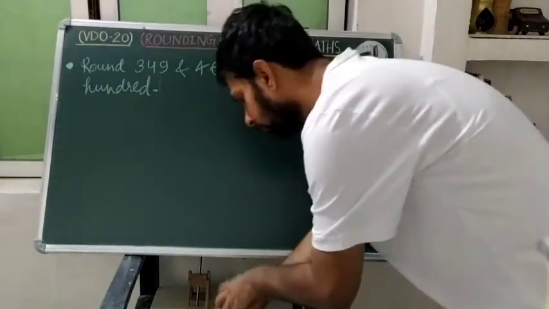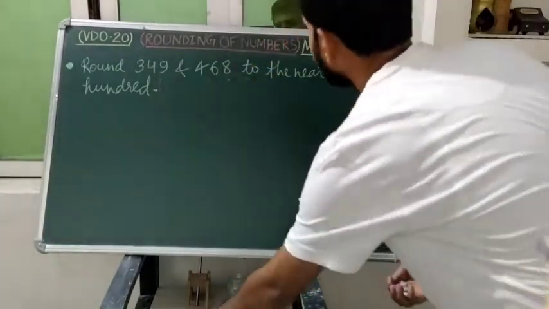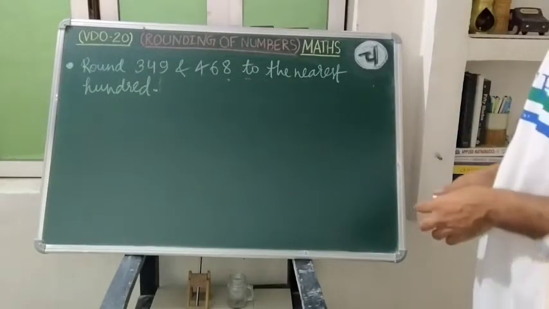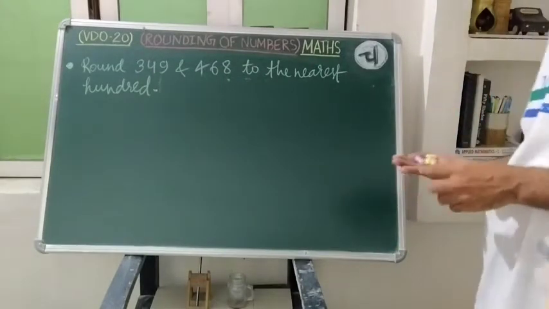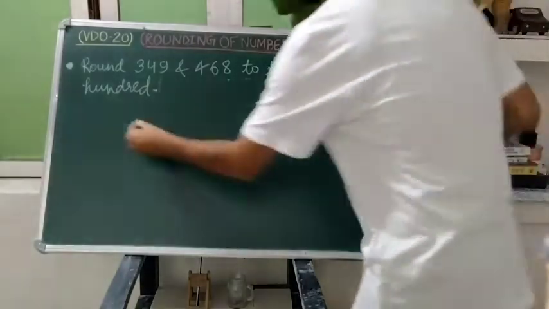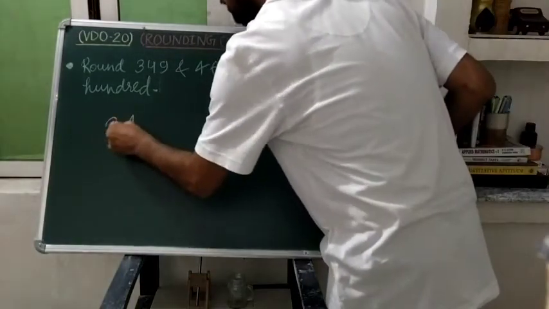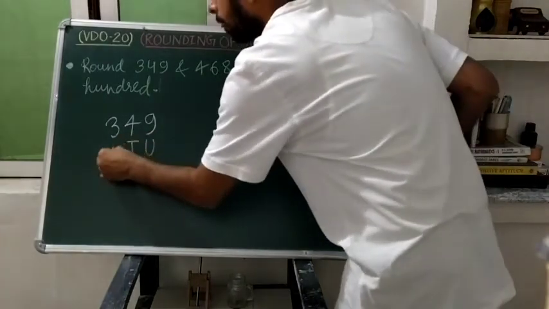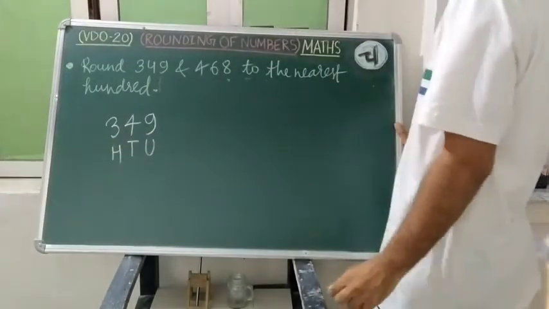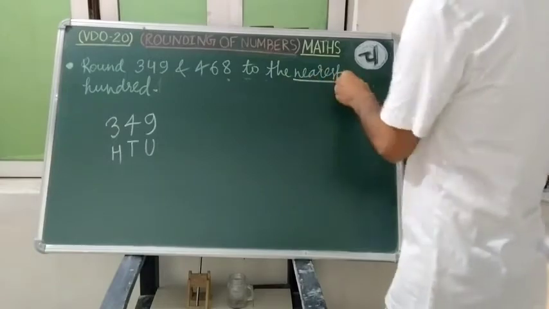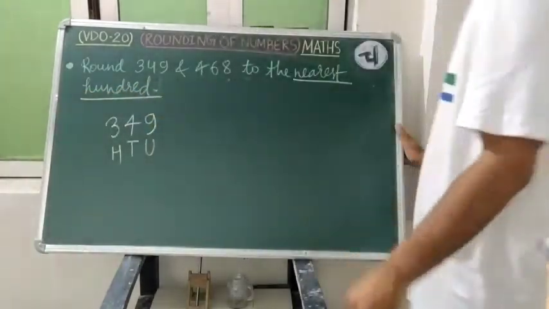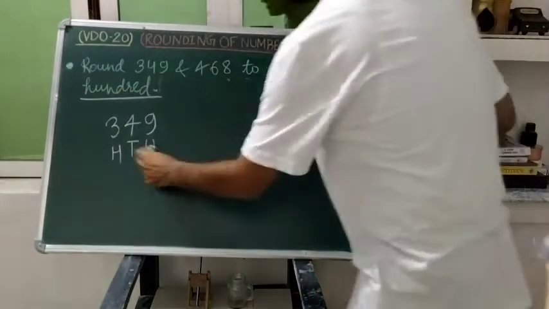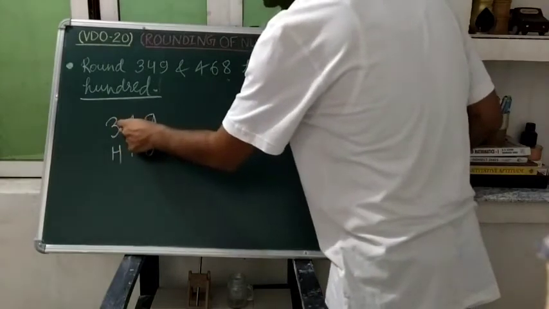Next problem: round 349 and 468 to the nearest 100. So for 349, this is your unit, 10, 100. We want to round to the nearest 100, so the 100 place is your 3.